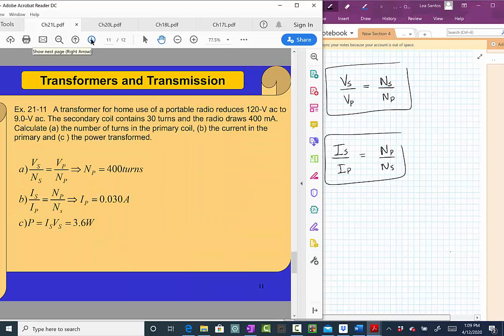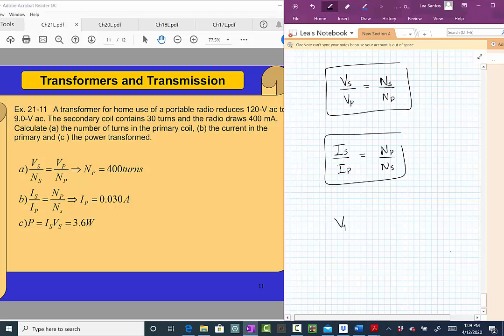Let's see what we have. We have this transformer that is going to reduce the voltage from 120 to 9. So the primary, in our case here for the radio, is 120 volts. It's going to take us to this lower voltage, which is 9 volts. That's what the radio needs to function.